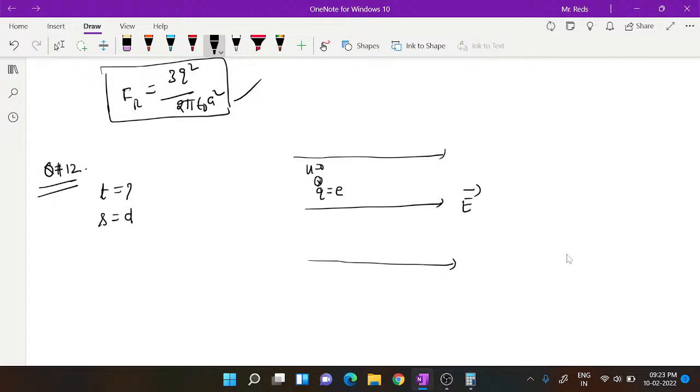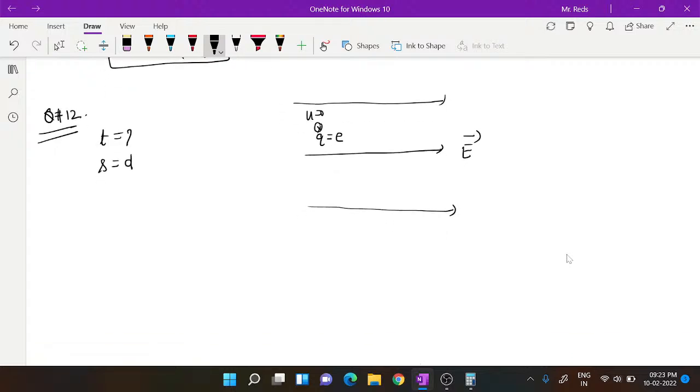What you have to consider here is the concept of motion of a charged particle in a uniform electric field. If you leave a positive charge here, because of the field a force acts on it in this direction.